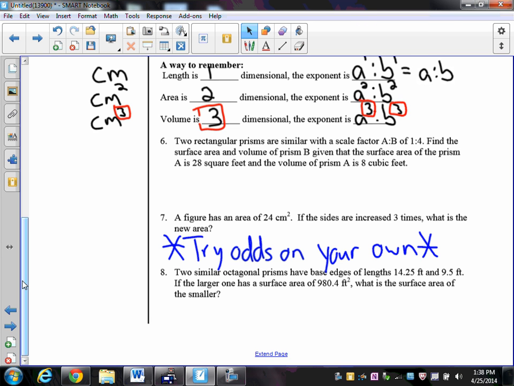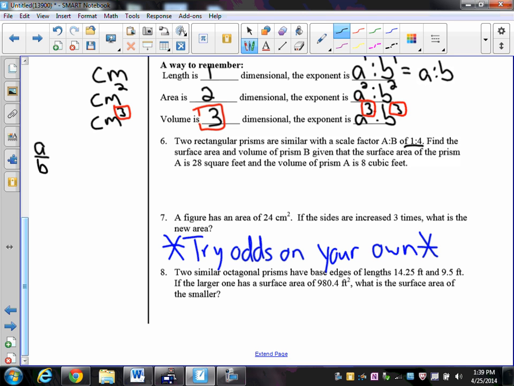So number 6 says we have 2 rectangular prisms with a scale factor of 1 to 4. Find the surface area and volume of prism B, given that the surface area of prism A is 28 square feet and the volume of prism A is 8 cubic feet.